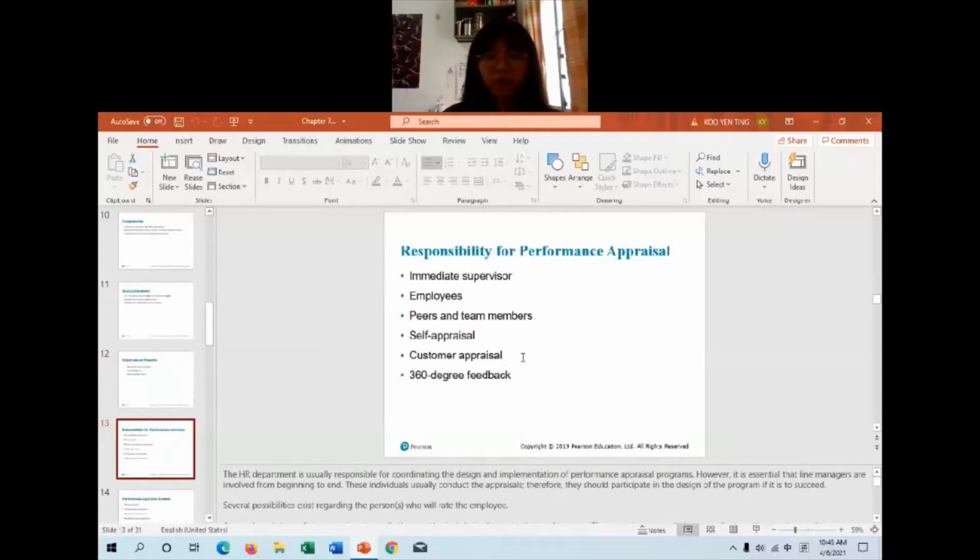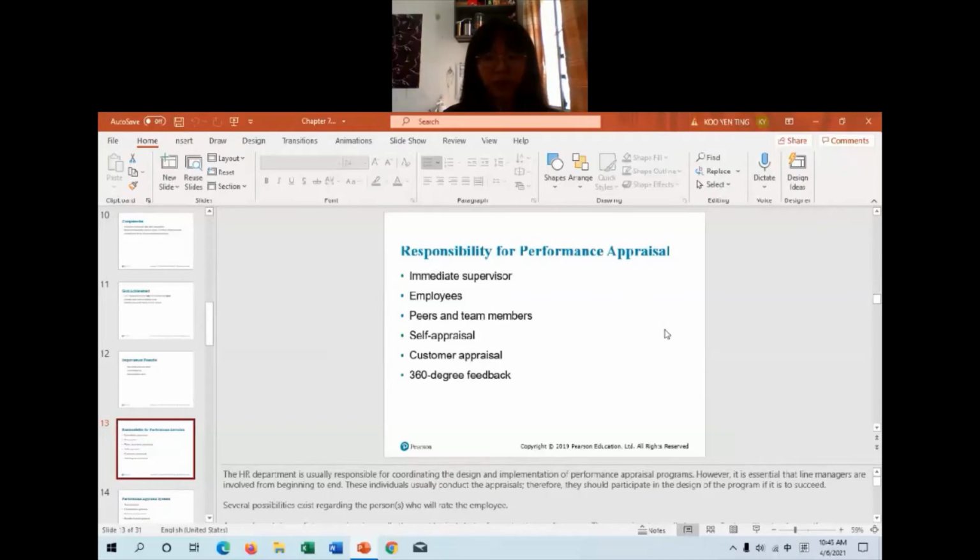Now I would like to talk about responsibility for performance appraisal. First is the intermediate supervisor. Intermediate supervisors should keep track of the performance management process. Moreover, the employee should work toward achieving individual goals. Team members should solicit feedback and guidance on their performance from others.